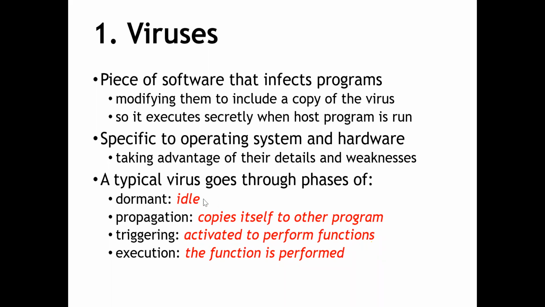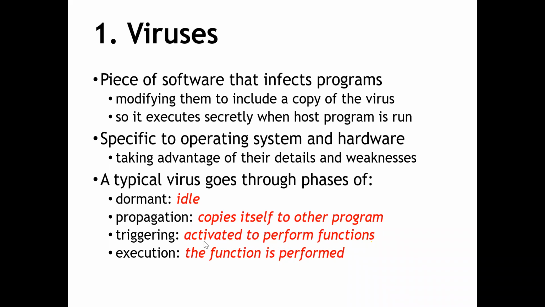Then the propagation phase is at the larva, like the caterpillar form, when it is able to start moving from place to place. Then the triggering phase is more or less like the pupa, where it's activated to perform the actions. Then finally is the execution. By the time it executes, that's the butterfly phase. Now the function is actually performed.